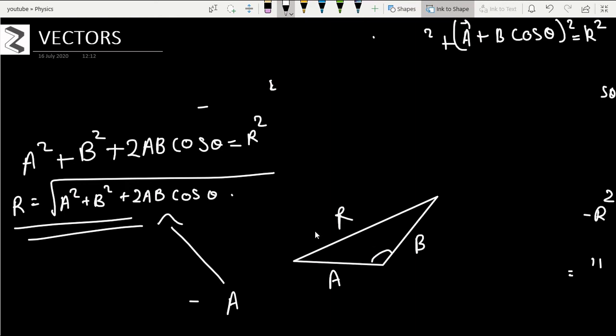And if you need to find the resultant's angle with A, taking this as alpha, if you need to find the value of the angle between the resultant and the vector A, you can find it with this formula, which is tan alpha is equal to B sine theta upon A plus B cos theta.